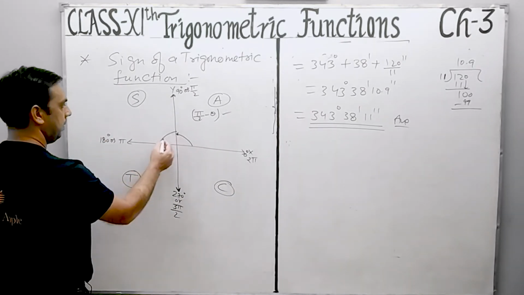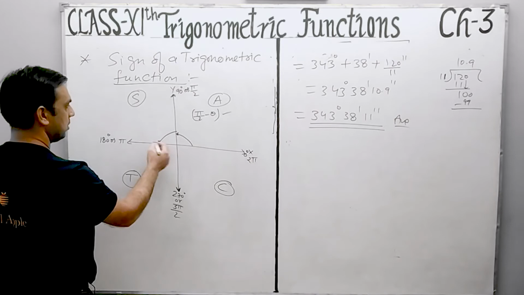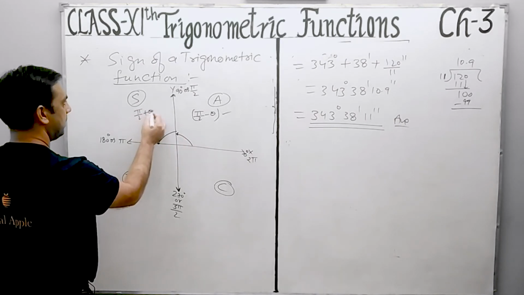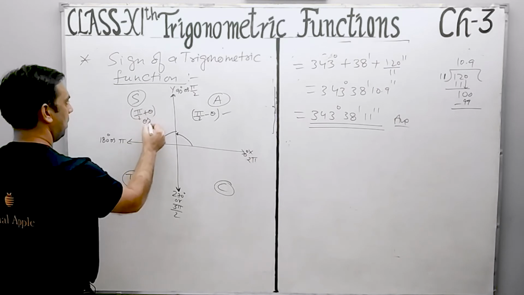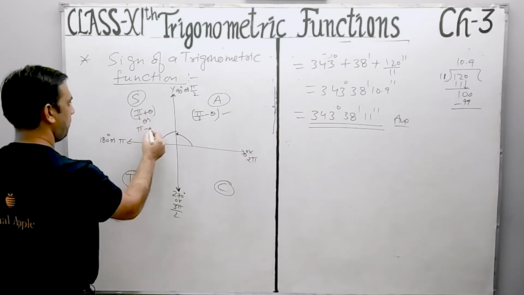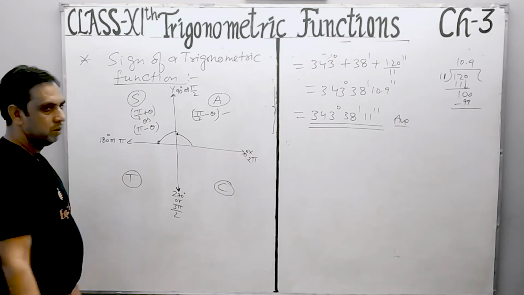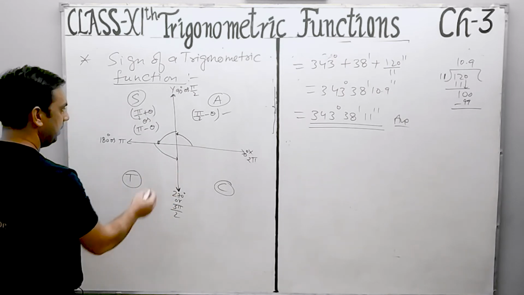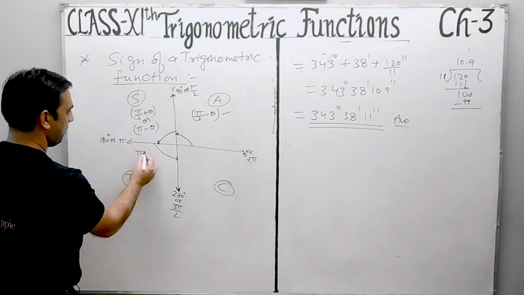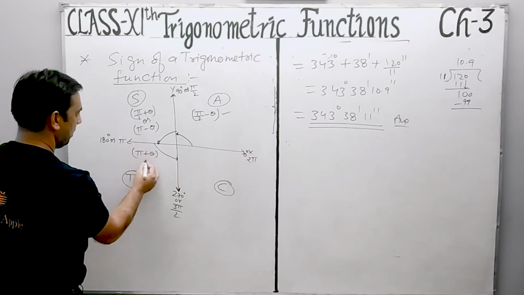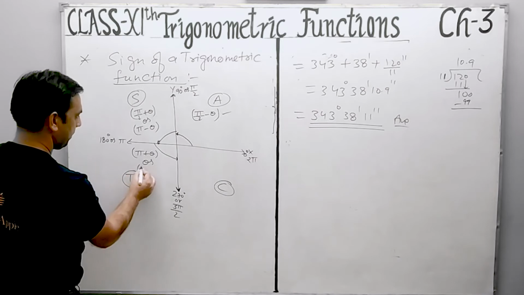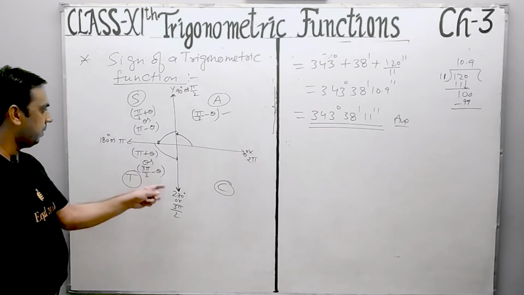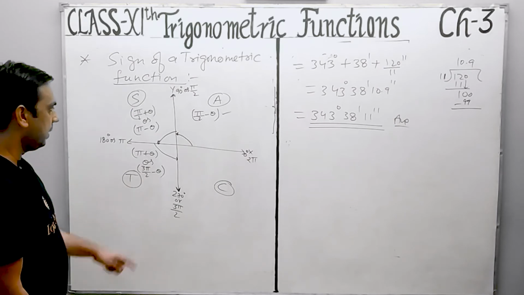Or in this quadrant, you can read it as pi by 2 plus theta, or you can say pi minus theta also, right? And in this quadrant, this is our third quadrant, you can read it as pi plus theta, or 3 pi by 2 minus theta, because values come between 180 to 270.